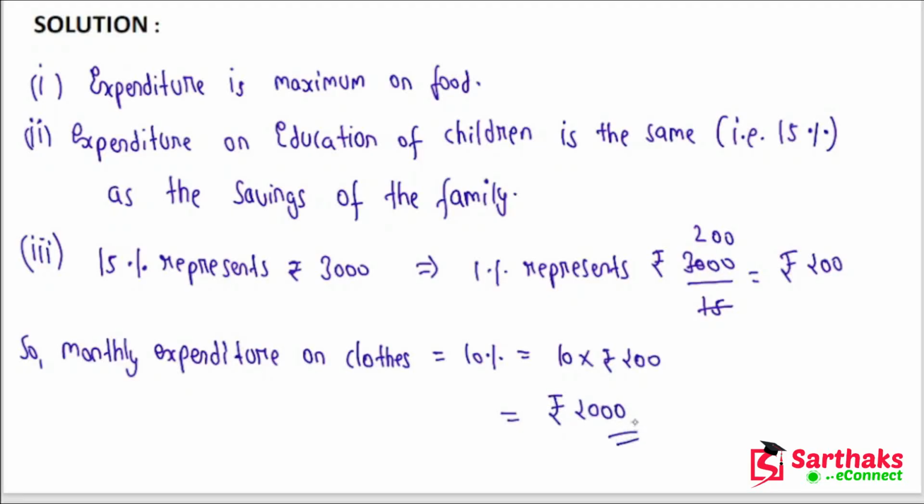So rupees 2000 are being spent on clothes every month. So this was how we read a particular pie graph.